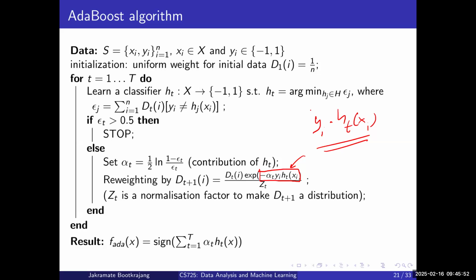So y_i is the label, the y of the data. What is h_t? h_t is the classifier at this iteration. And when you put x_i inside, this is the prediction.